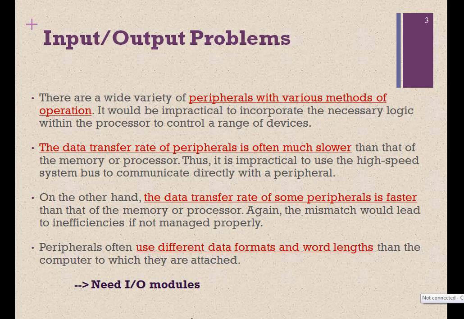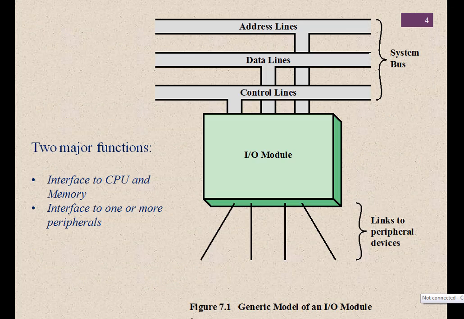In these blocks you see IO modules, with some control lines, data lines, and address lines. Different types of buses are connected with the IO modules, and there are peripheral devices connected with these modules.